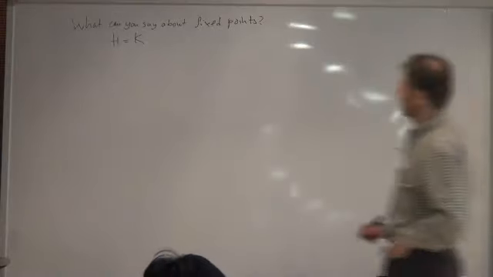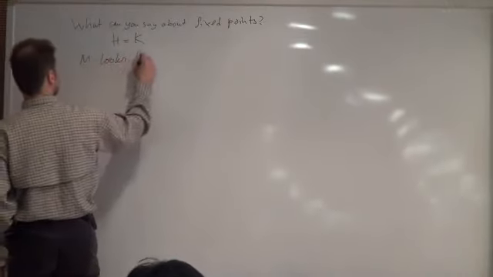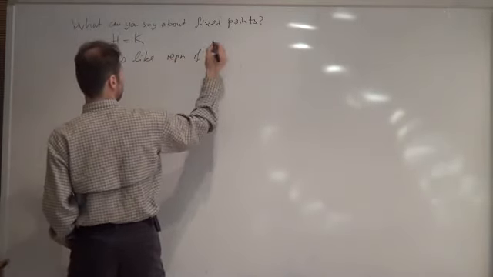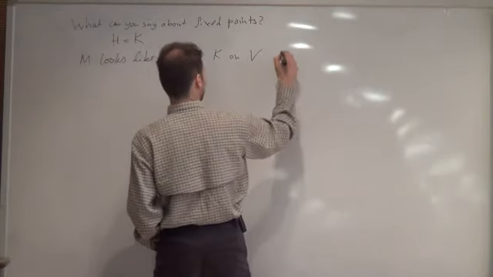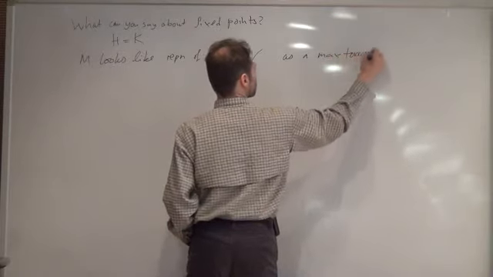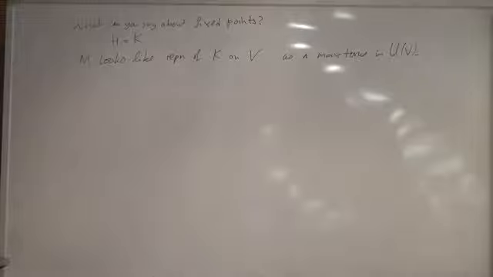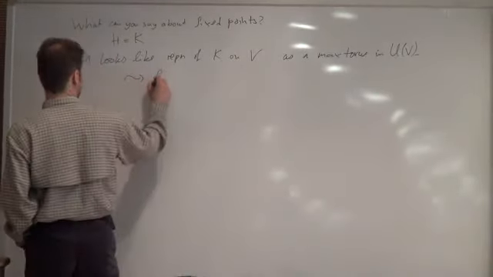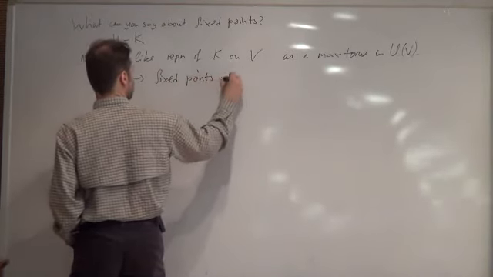M looks like a representation of K on V as a maximal torus in U of V. So that tells you that fixed points are isolated.